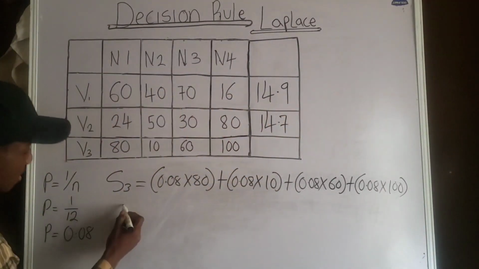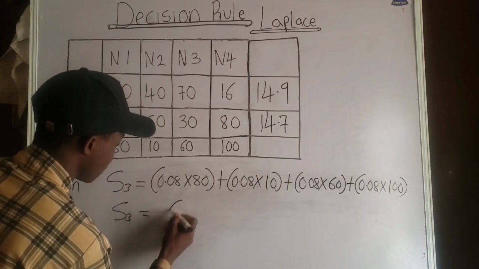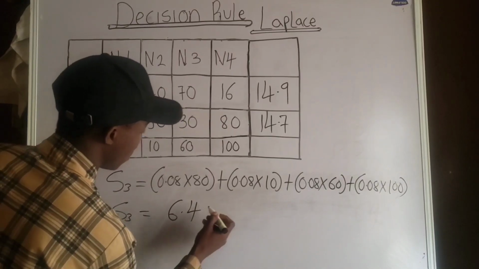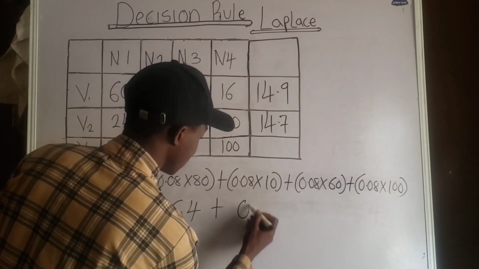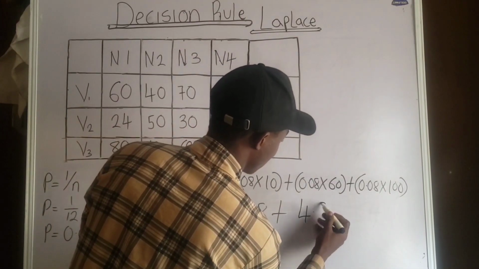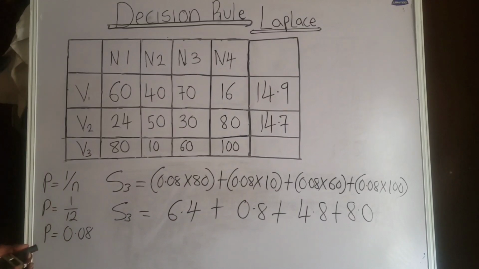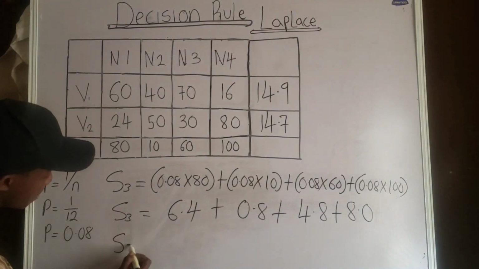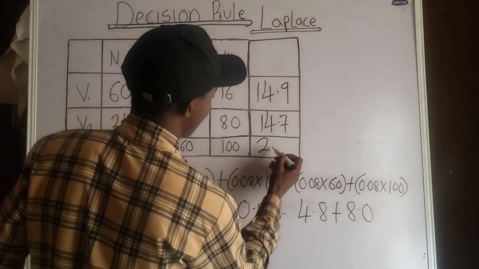So for strategy 3, we have 0.08 multiplied by 80, that is 6.4, plus 0.08 multiplied by 10, that is 0.8, plus 4.8 plus 8.0. So when I add this together, S3 equals 20.